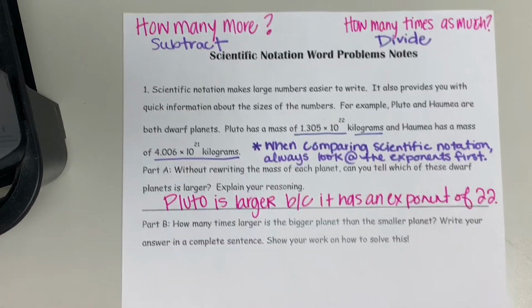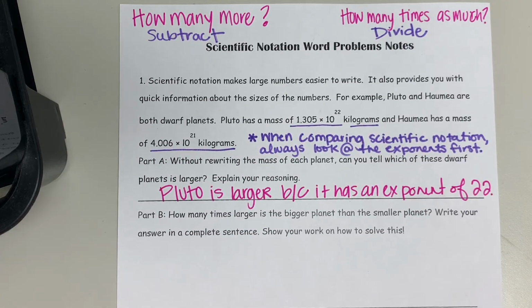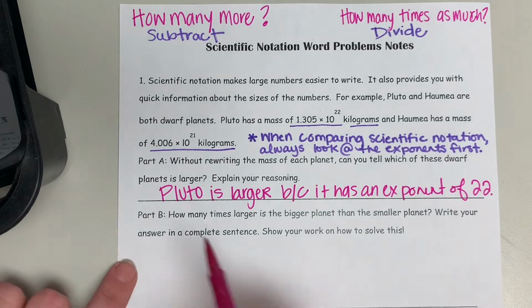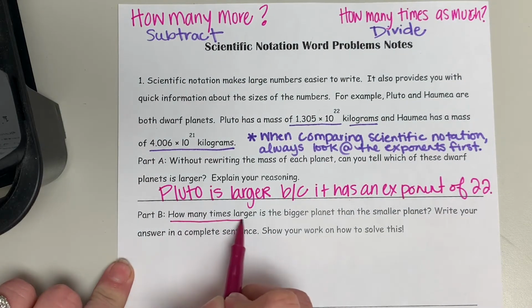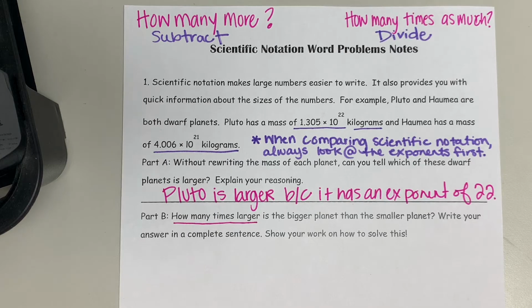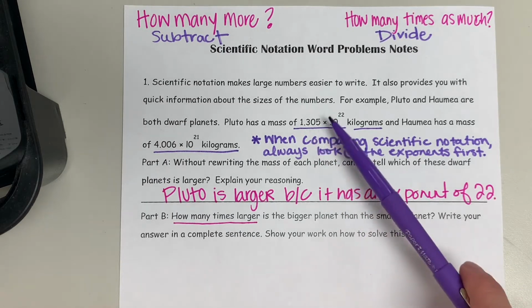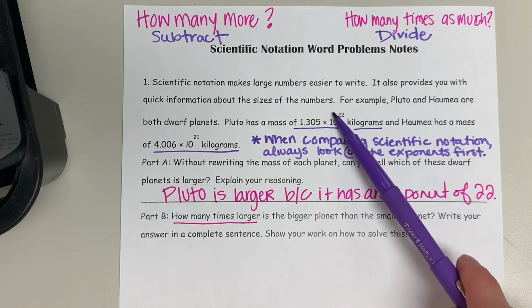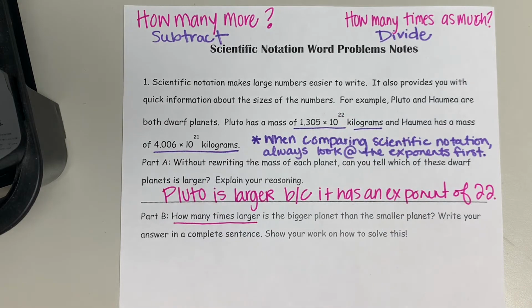All right, so how many times larger is the bigger planet than the smaller planet? So there's that phrase, how many times larger is the bigger planet than the smaller planet? What you would need to do is look, which one is bigger? Pluto, because it has a 22 as an exponent versus a 21 as an exponent.